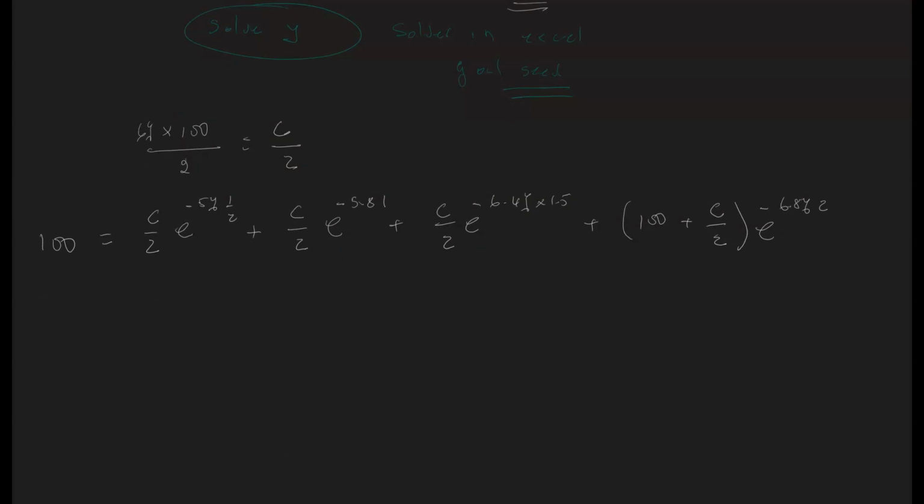We're going to have 100 equal to c divided by 2 multiplied by the sum of these exponentials: e^(−5% × 1/2) plus e^(−5.8% × 1) plus e^(−6.4% × 1.5), and we're also going to add this last component, e^(−6.8% × 2), plus the present value of 100, that is $100 times e^(−6.8% × 2).